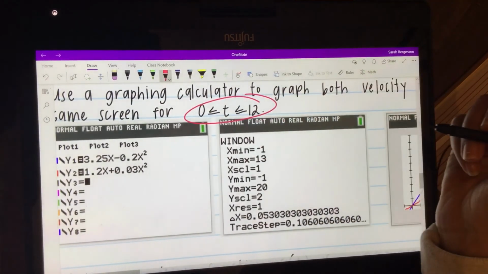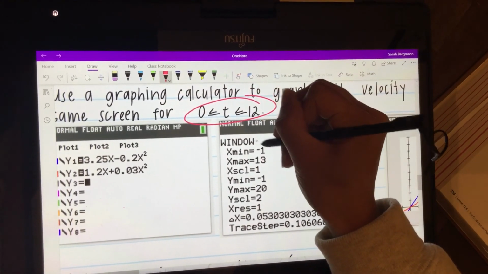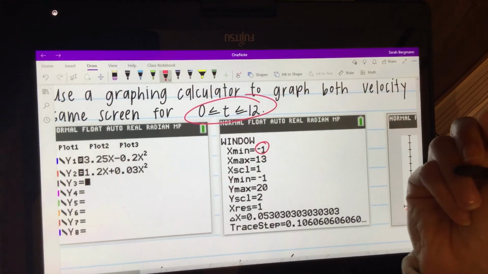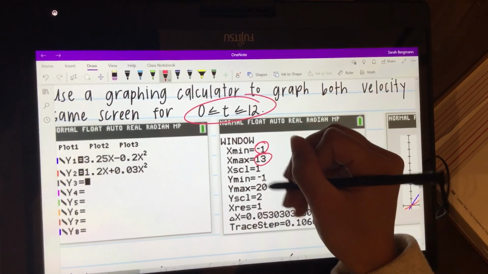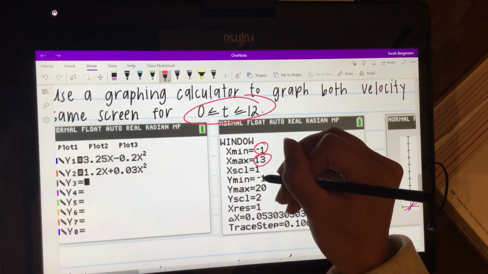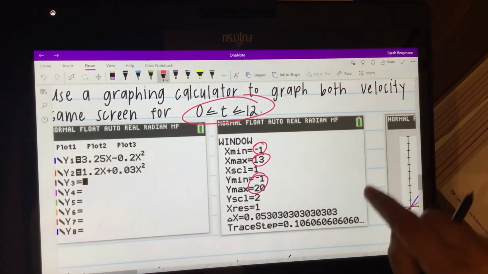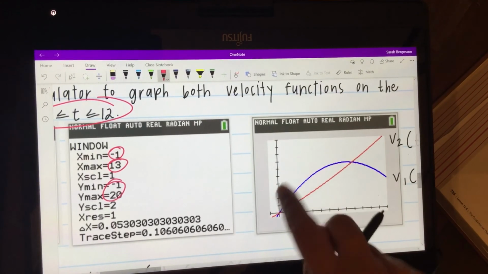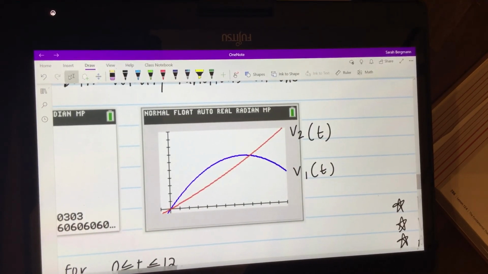Since x represents t, I know that my minimum, I need it to be a little less than 0, so I just made my x min 1 less than 0 and my x max 1 greater than 12. For my y min and max, I kind of just guessed honestly, but it worked out. So you might have to guess on that and adjust it, but if you can see the full graph, then you're good. So then once you click graph, here's what you should see.